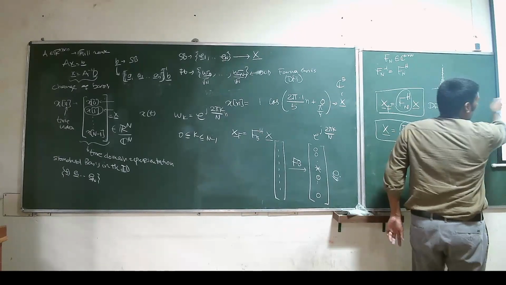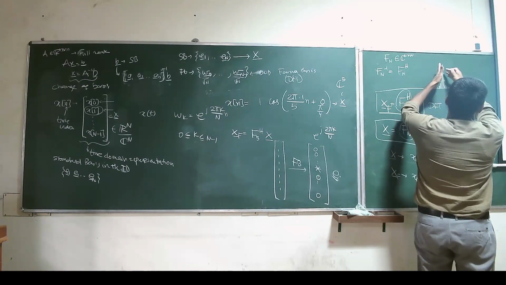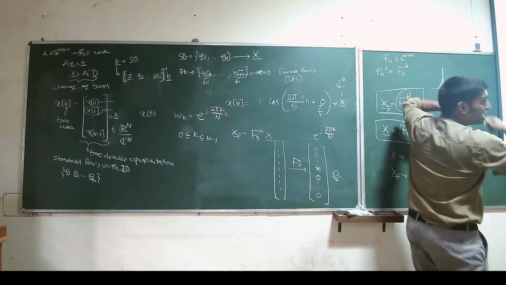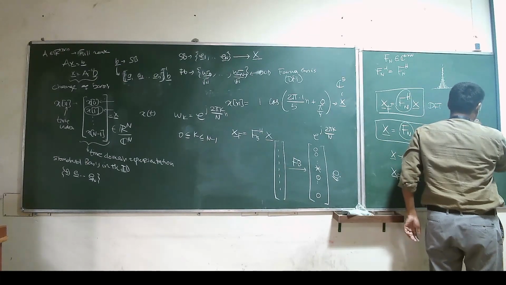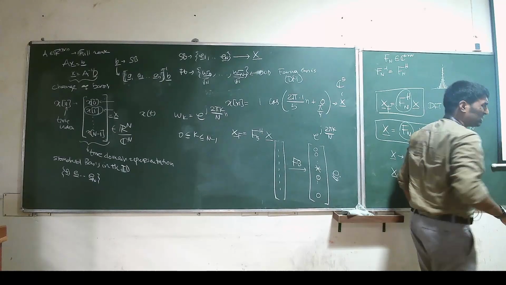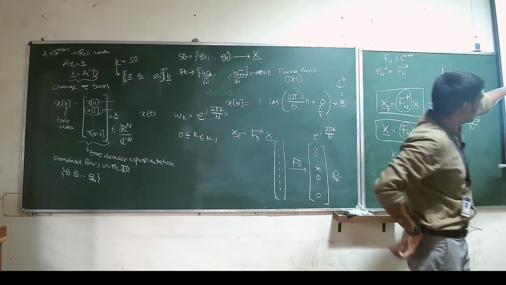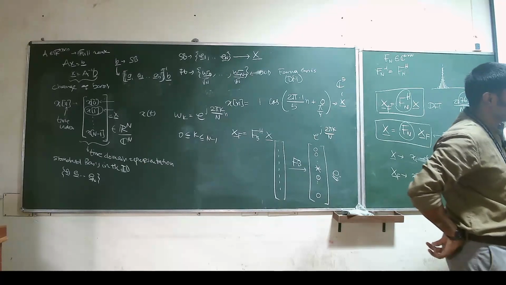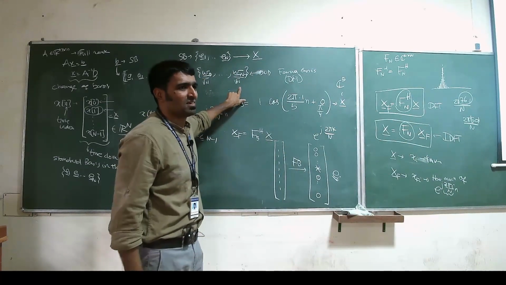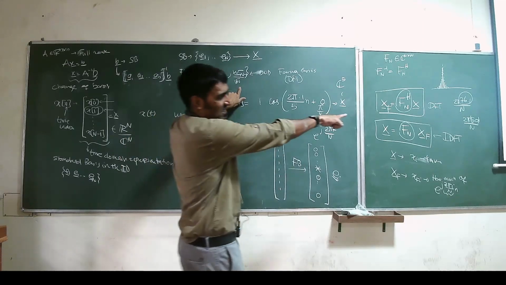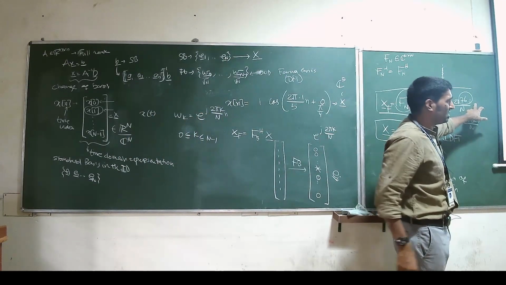So the reason you get more non-zero elements than in the case where it was 2 pi 50 by n is because this x2 of n actually matches with none of these basis signals perfectly. The frequency does not match with any one of them, because here k is not an integer.